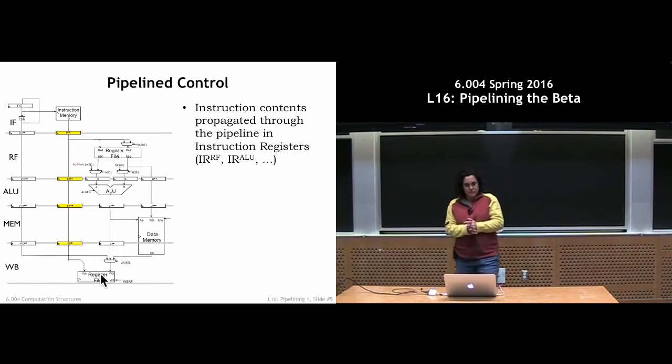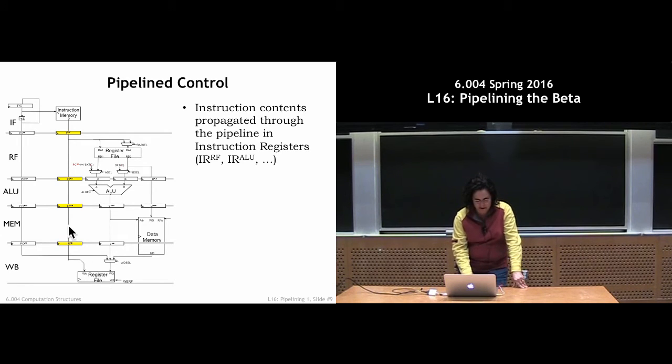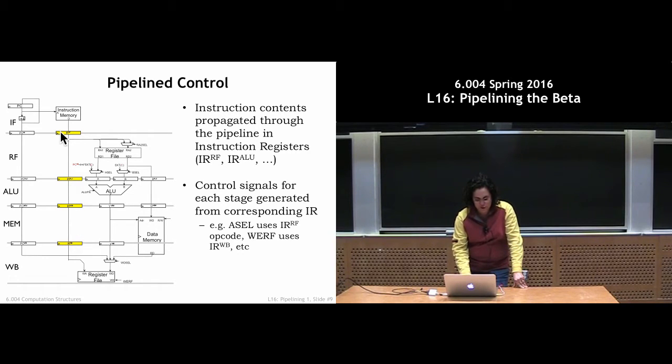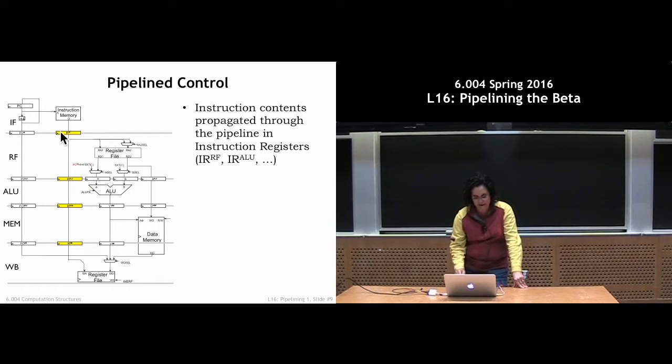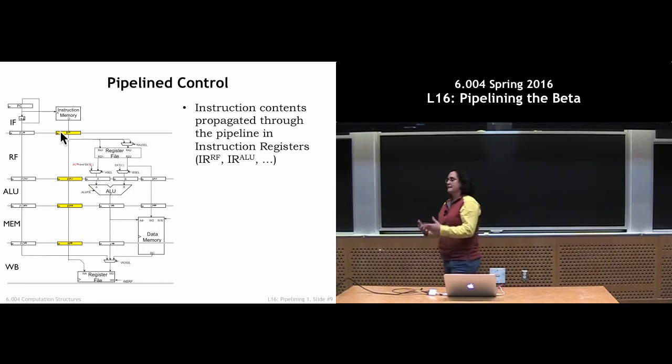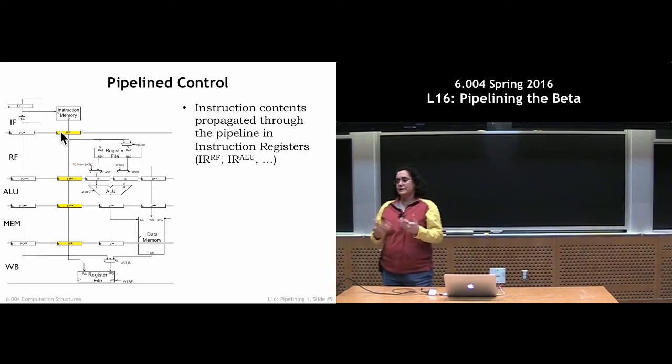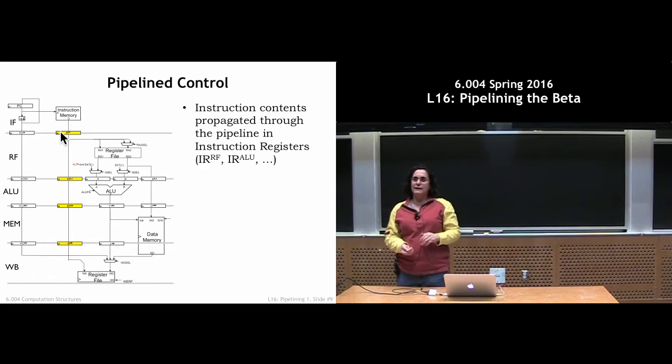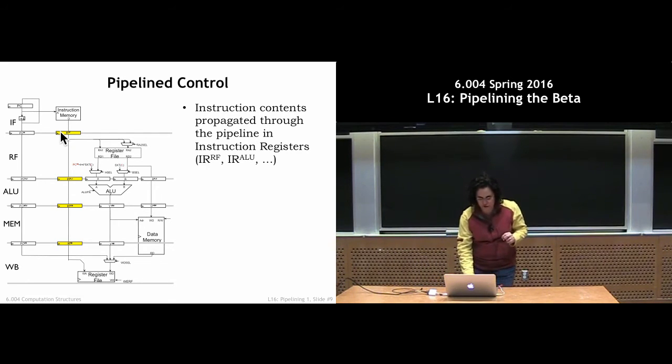Okay, so we mentioned here that we added a bunch of different pipeline registers. So if you think about what it is that these registers hold, each one of these is a different version of a different instruction. Okay, so as we're filling in our pipeline, we're moving instructions down our pipeline, and each one of these instruction registers is going to store a different instruction.